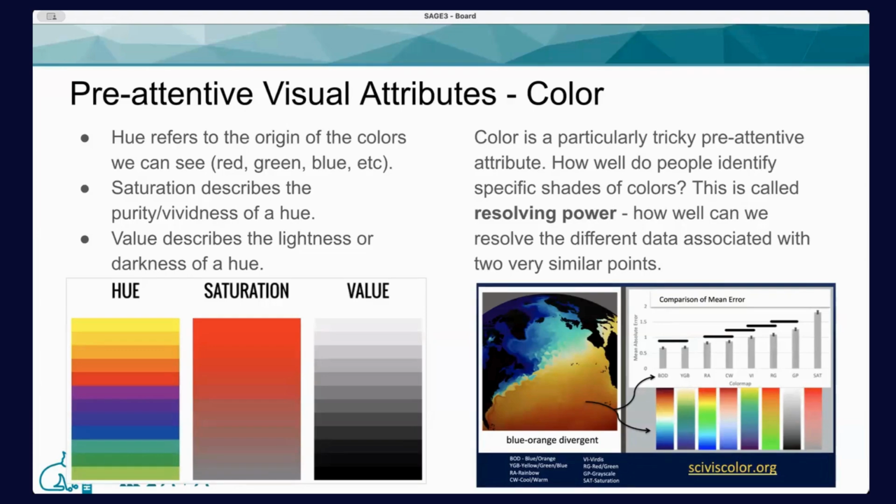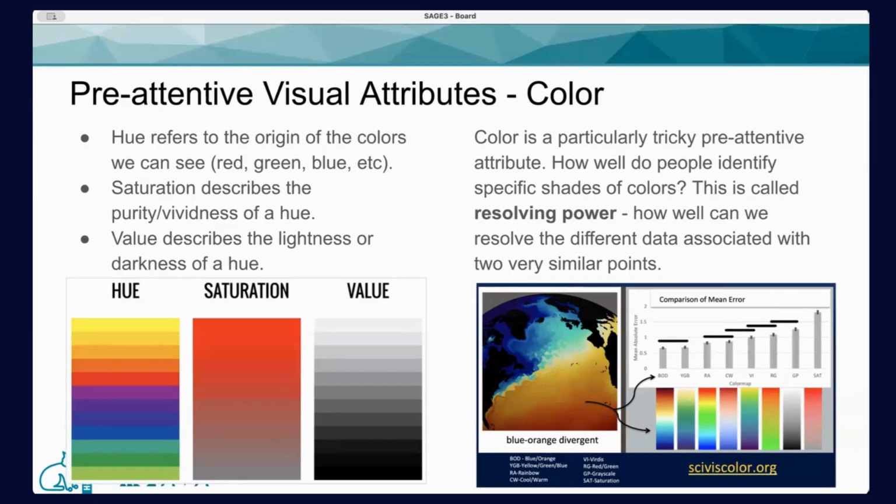Now note that color is a very tricky type of retentive attribute. In a lot of things, it works great. But if you have a lot of different values, remember we talked about levels before, it could disturb your resolving power. Just like I said, if you have 12 different hues, are you going to be able to tell them all apart?